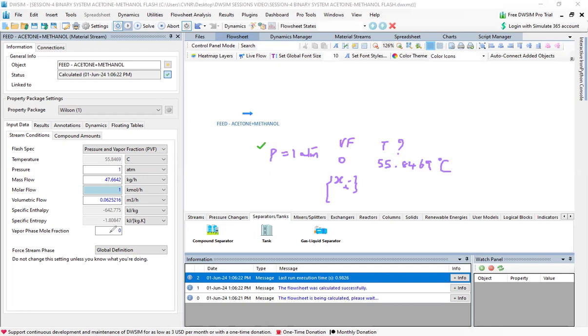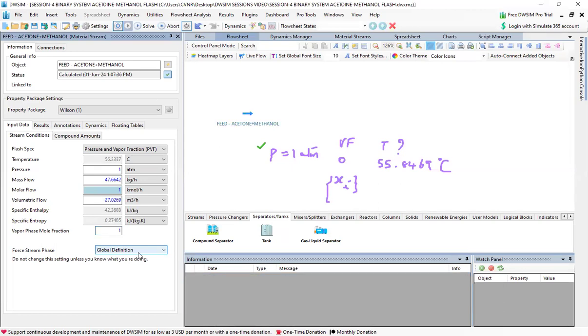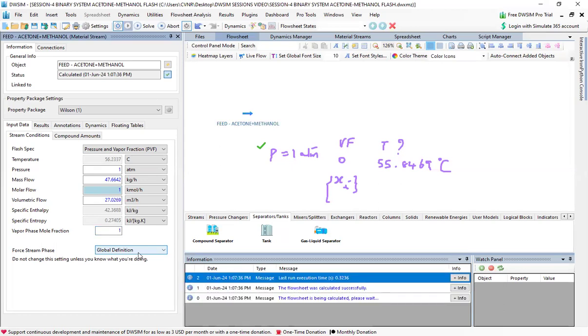Now if I say vapor fraction 1 instead of 0, it is entirely vapor. That means we know yi. Now the temperature is 56.2337, again at a pressure of 1 atmosphere.